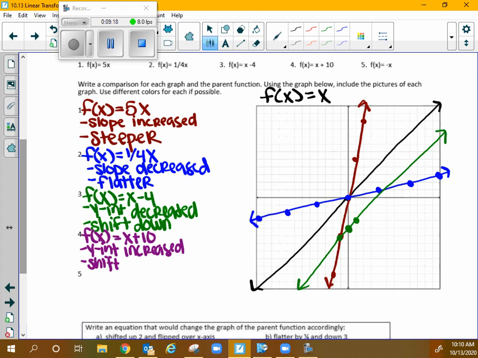Plus 10. Is the purple line also parallel to the black line? Yep. Same slope, different y-intercept. That means my line just shifted up.